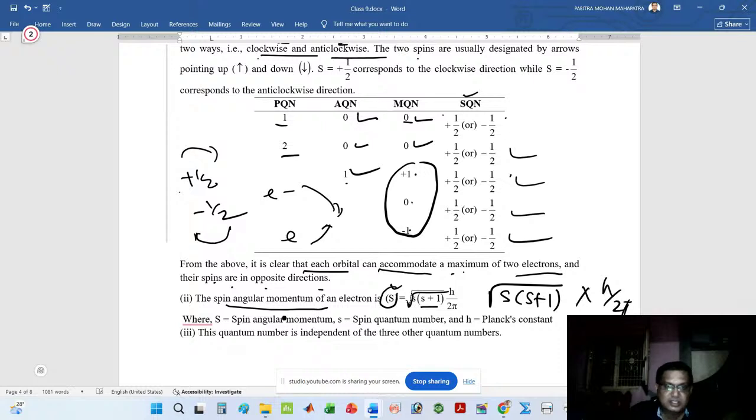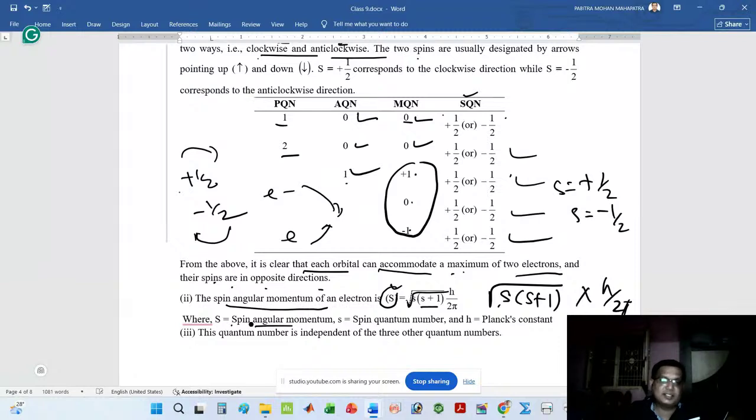Here s means the spin quantum number, that is, s is equal to plus half or minus half. Remember, an important point: whether it is plus half or minus half, always put the value of s without any sign. So here we can write s is equal to only half. Don't write plus half, don't write minus half. Here we can put directly the value s is equal to half.